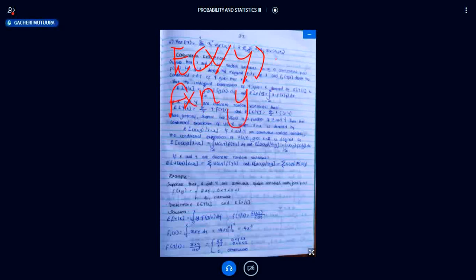The expected value of x given y will always be a function of y. And the expected value of y given x will always be a function of x, of whatever you're given. So just take note of that. That is for conditional expectations.